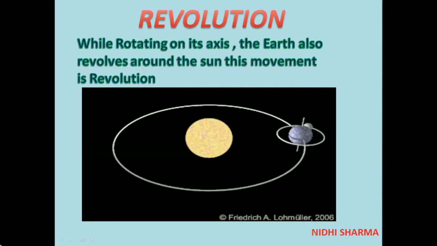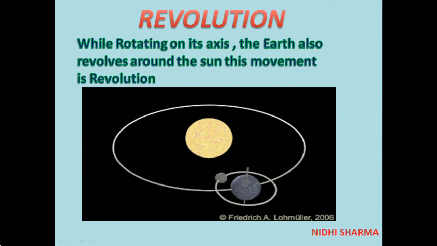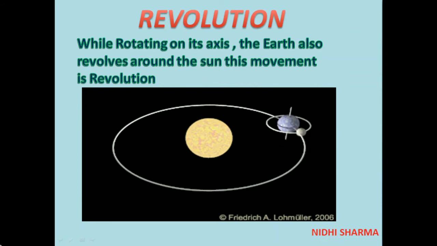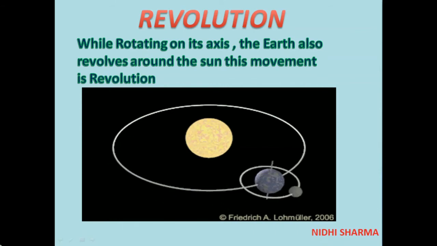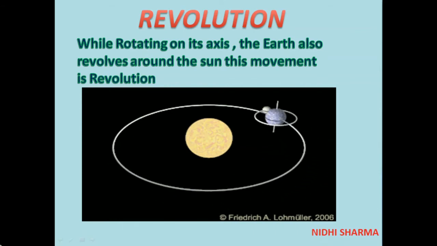Now, what is revolution? Now, we have learnt about rotation. So, rotation is that earth is moving on its axis at one place only. But what is revolution? In revolution, the earth not only spins at its position but also moves around the sun at the same time at a fixed orbit. Now, you can see this picture here.